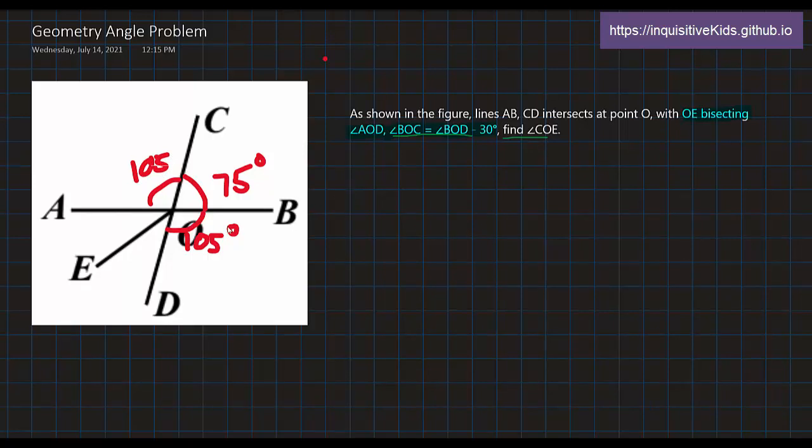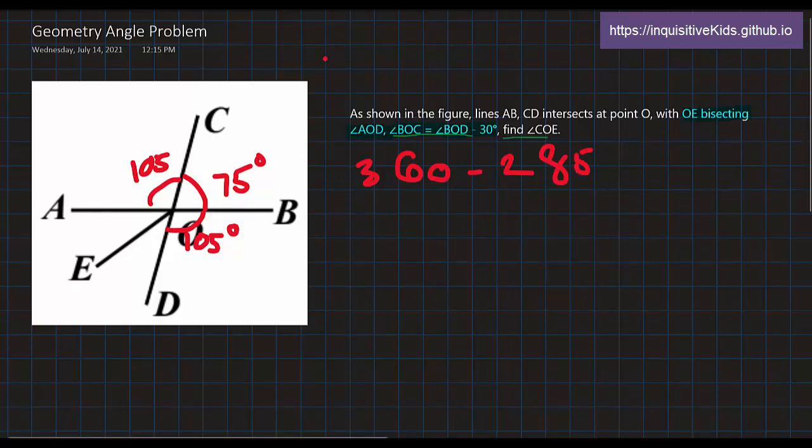Then all we have to do is find AOD, this angle right here. We do 360 minus 285.